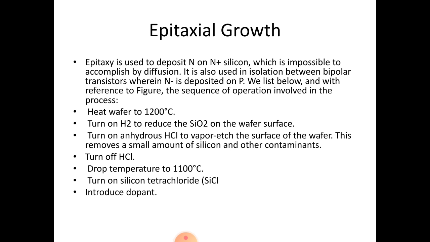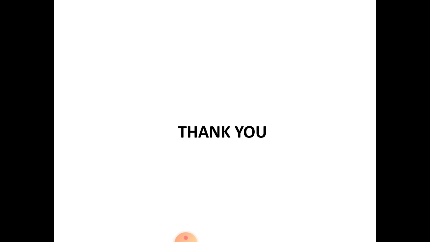This removes a small amount of silicon and other contaminants. Turn off HCl. Drop the temperature to 1100 degrees Celsius. Turn on silicon tetrachloride. The last is we introduce the dopant. Thank you.